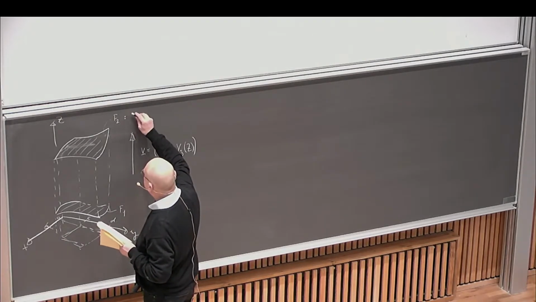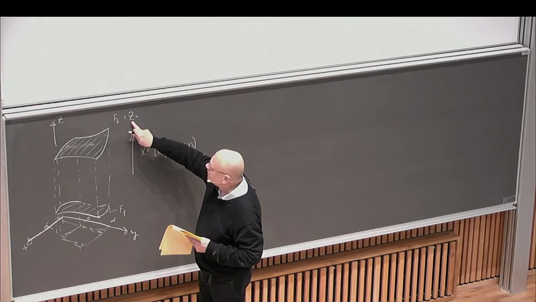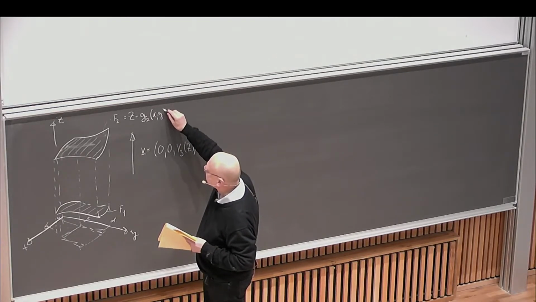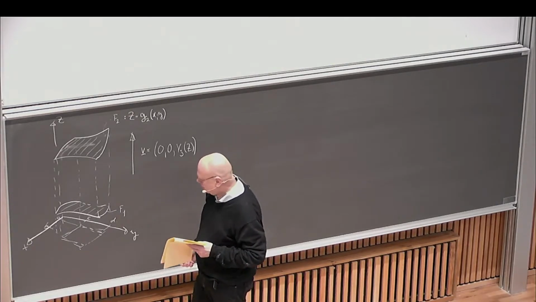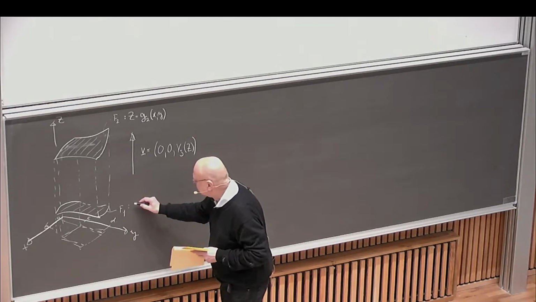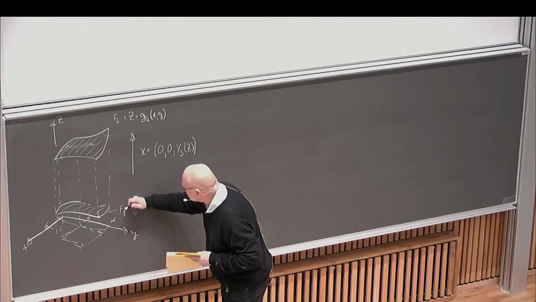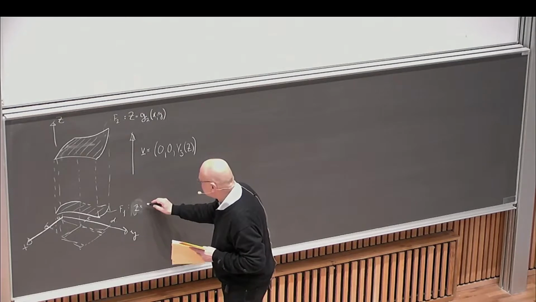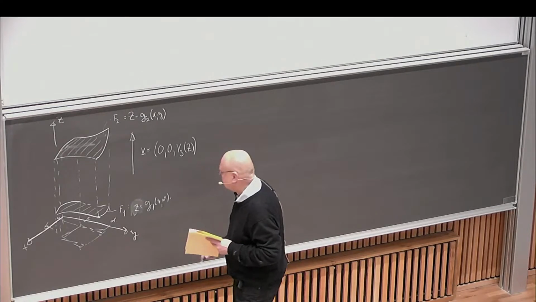This is given by this equation. I have that the z-coordinate is a given function, g2 of x and y. So it's a normal height function for this surface. And similarly down here we have another, z is equal to g1 of u comma v.